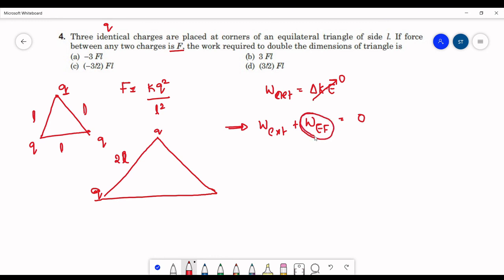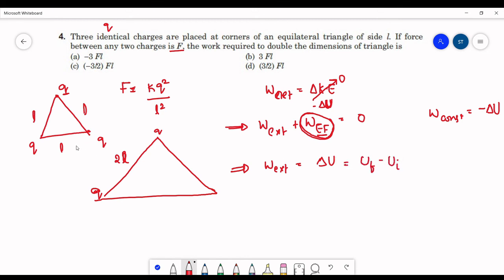For a conservative force, work done by conservative force is equal to minus of change in potential energy. Here we are talking about electrical field, so this will be minus of change in electrical potential energy. So here we can write work done by external agent will be equal to delta U, change in potential energy. This can be written as final potential energy minus initial potential energy.